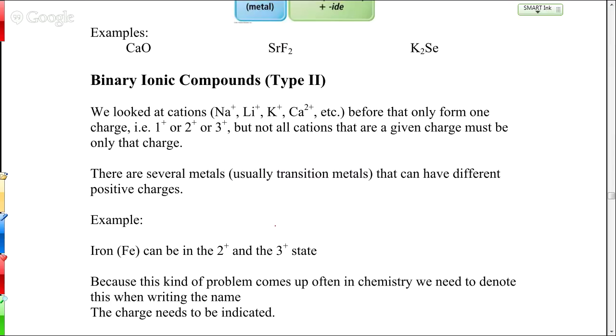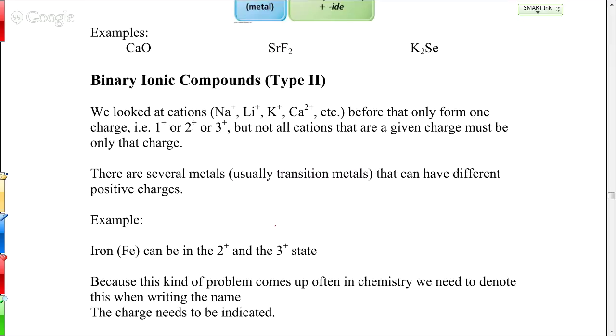We talked about this last week. What charge does it have? +1. They're all going to be +1. Column 2, what are they going to be? +2, right. What about column 6B? Do we know? Which is also known as 6.